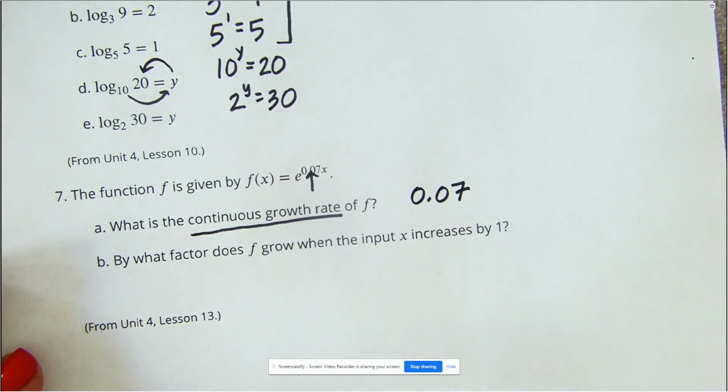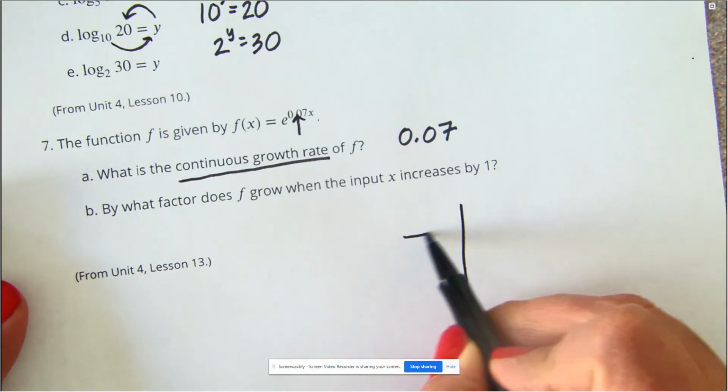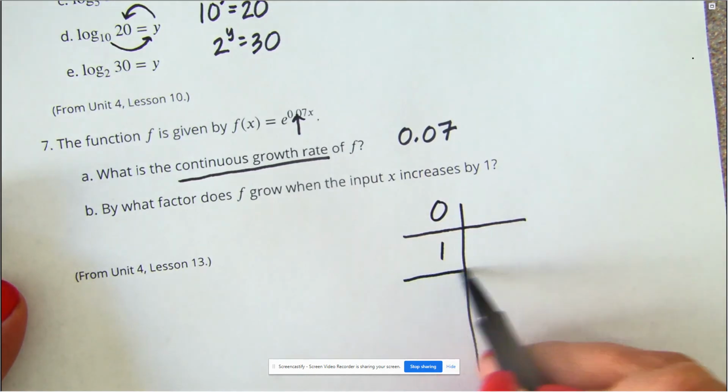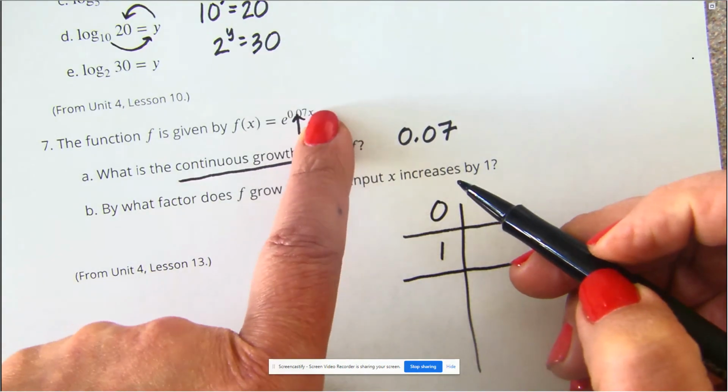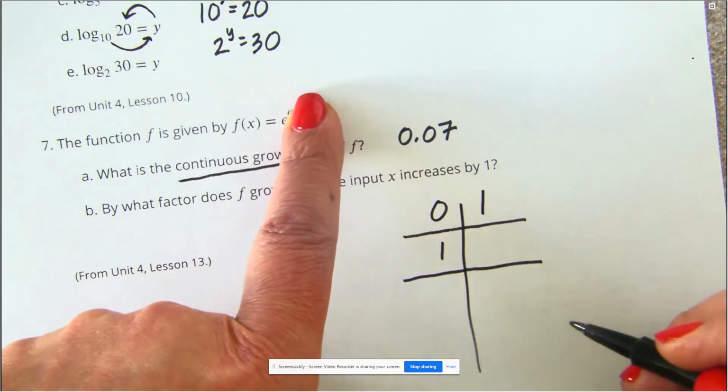By what factor does f grow when the input increases by 1? If you think about it this way, I'm probably going to do this the longer way than I need to. If I put a 0 in there, that'd be 0, and e to the 0 is 1.